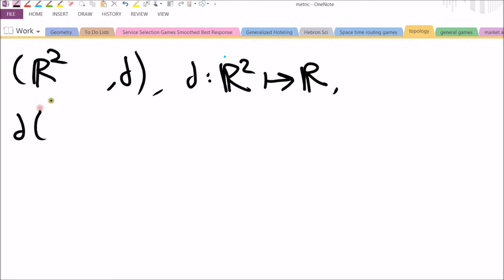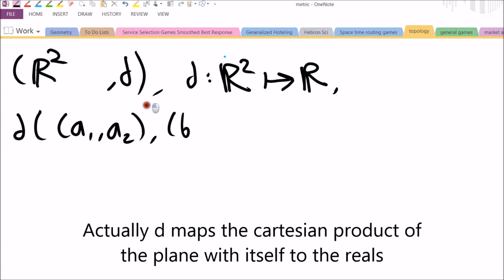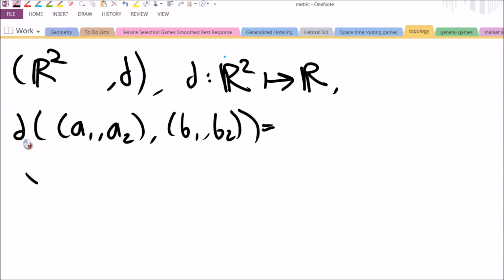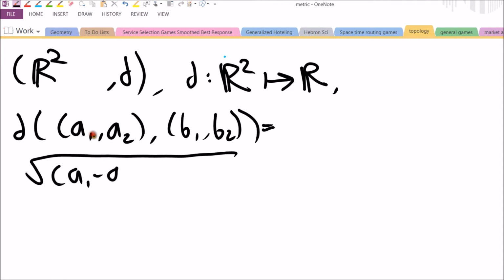Okay, so it's obviously a mapping from the plane to the reals, and it's such that for any pair of points A1, A2, B1, B2, we have that it's equal to the square root of A1 minus B1 all squared plus A2 minus B2 all squared.